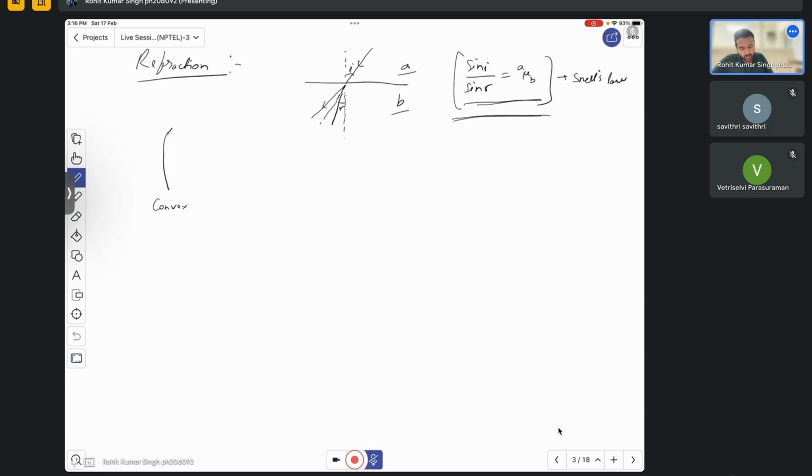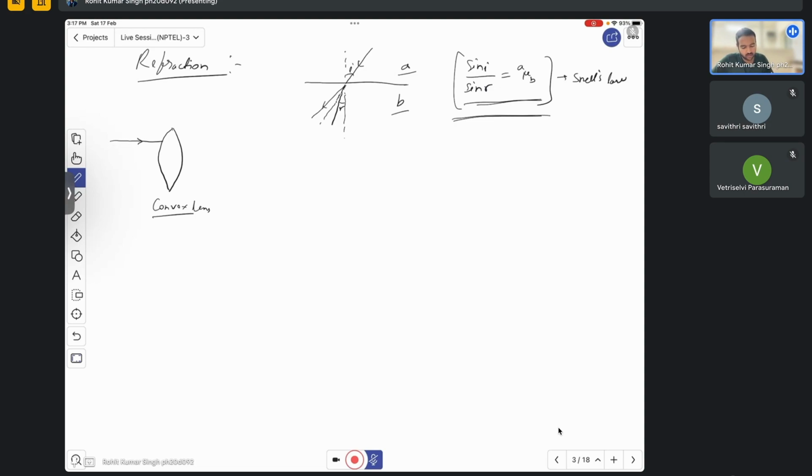Symmetrical. Yeah, okay, it's perfect. So, convex lens. Now, what a convex lens does is, suppose there is a light ray coming from infinity, parallel light.